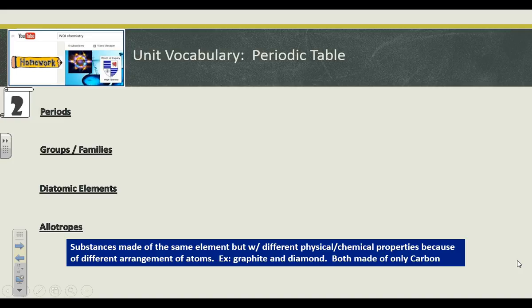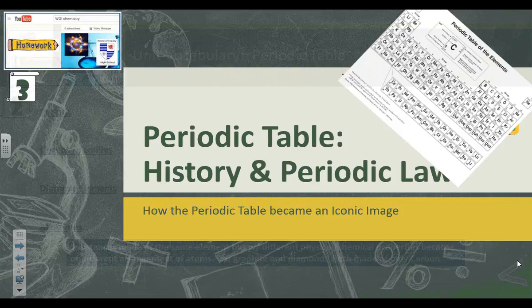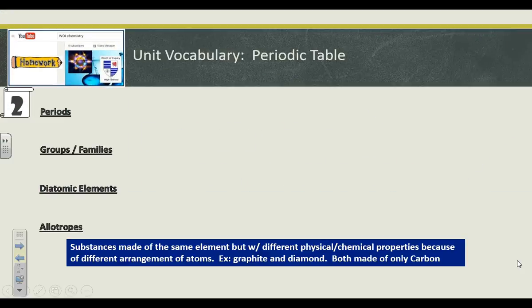So graphite and diamond are both made of pure carbon. The graphite in your pencil you're writing with, and the diamond in your earrings you're not. But it's all just carbon. There's no other elements in there. They are arranged completely differently, which gives them completely different properties. We all know that graphite is much softer than diamond. Diamond is one of the hardest materials we have on the planet.